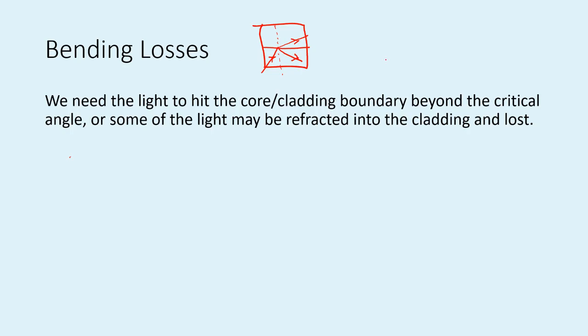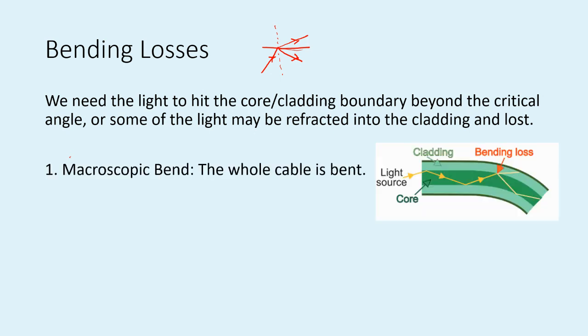Obviously, we want it all to get reflected, so we need to make sure that the angle is increased, so it's coming at a steeper angle, so it all comes back inside. Bending can cause a problem because if the cable is bent, then the edge of the material has bent, and so we lose some of the material. Make sure you sketch this. You may be asked to sketch this to explain it.